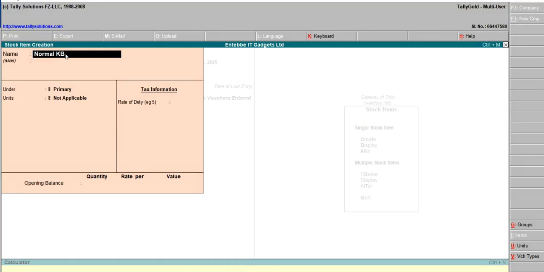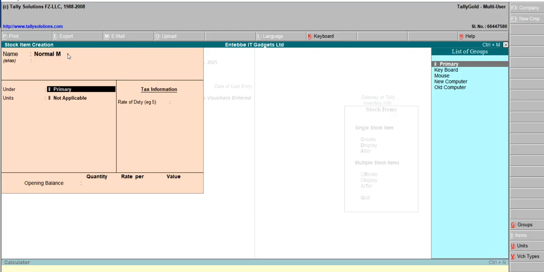We can't create these items for the second time, so we call it normal M, normal mouse. So this is a mouse.